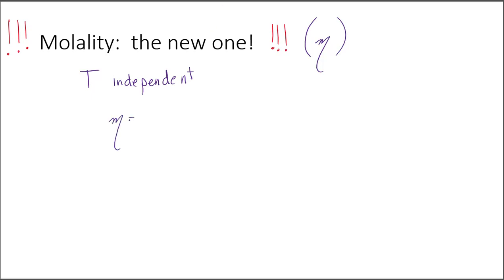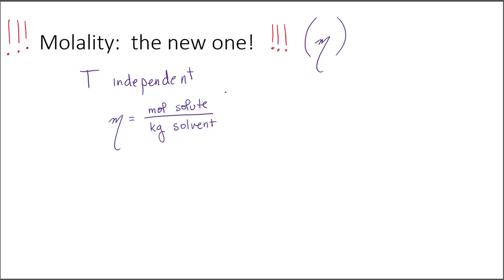Molality is equal to, it is the weirdest one. Okay? I can't help it. I didn't come up with it, but it's weird. It is moles of solute divided by kilograms of solvent. You can see why it's super different.